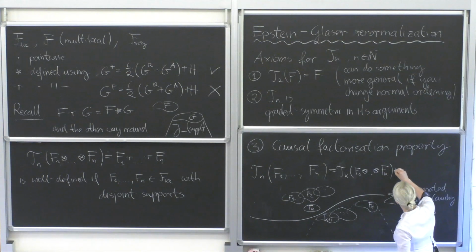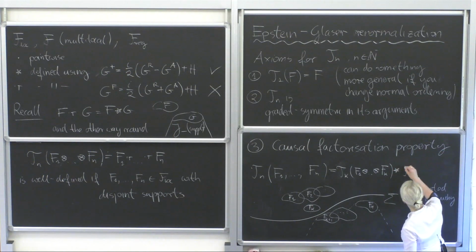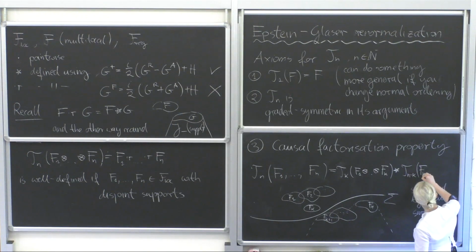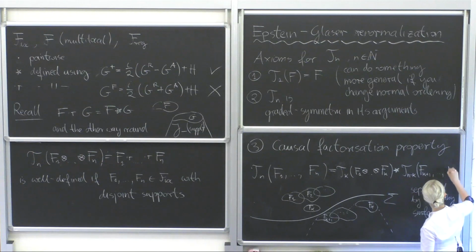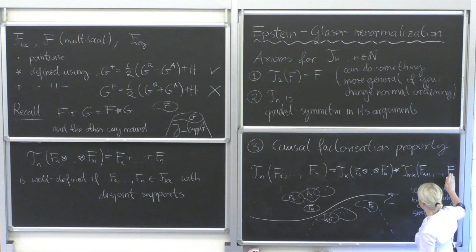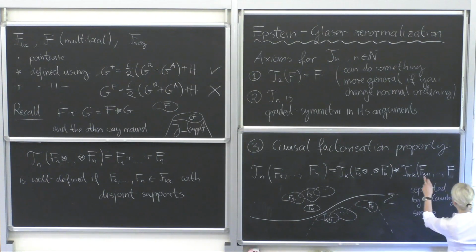Then I have a star, right? And here I have T_{n-k} and the rest of these guys, f_{k+1} up to f_n.